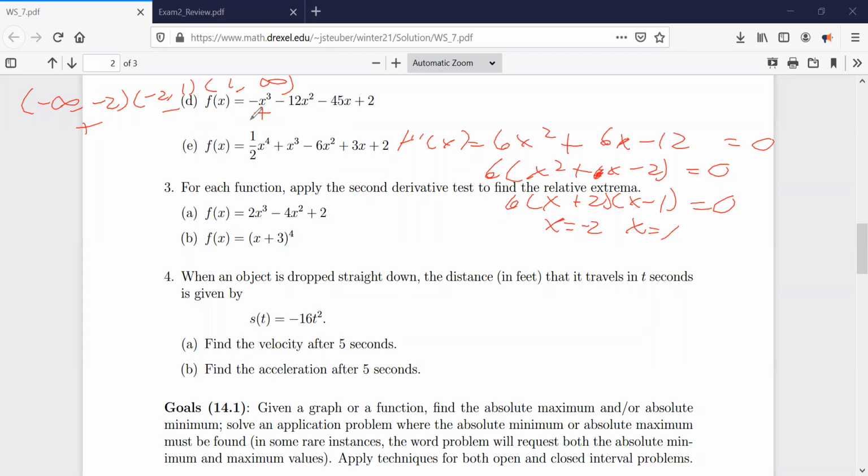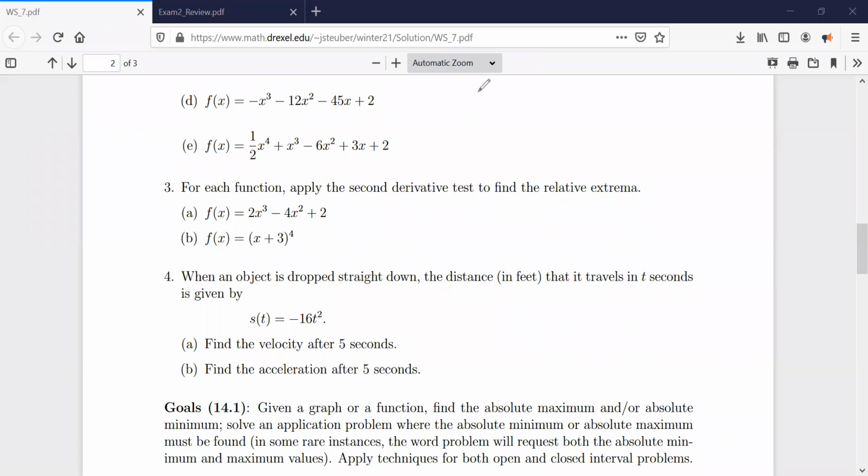You can check that yourselves, but I won't do it to save some time. So that tells me that we have the 2 points of inflection at x equals negative 2, f of negative 2, and 1, f of 1. And it's concave up in this region union this region, and concave down in this region.